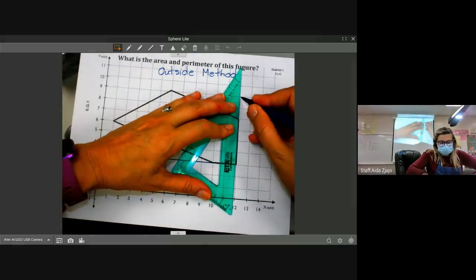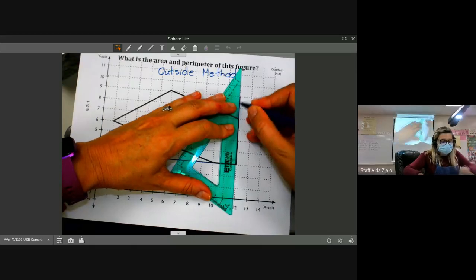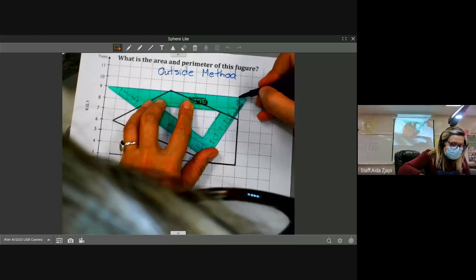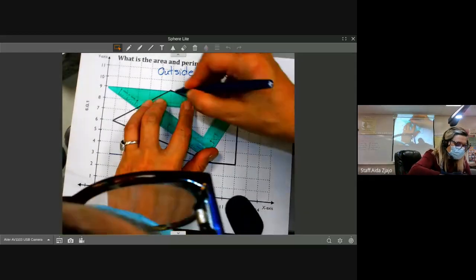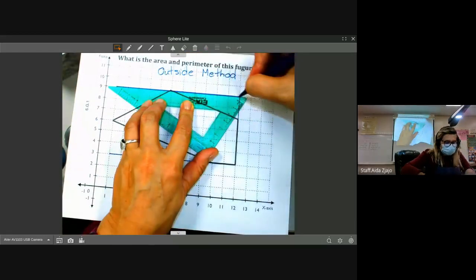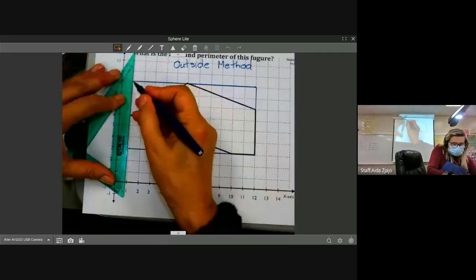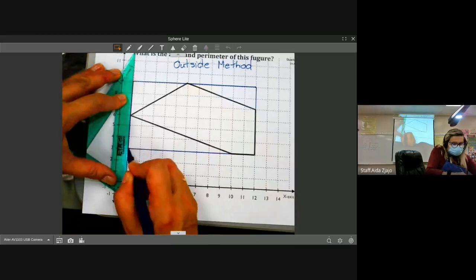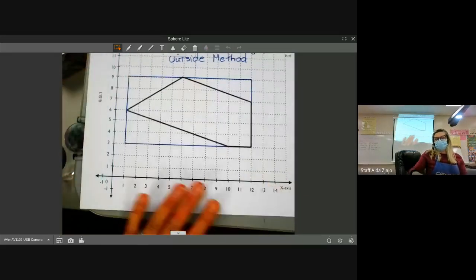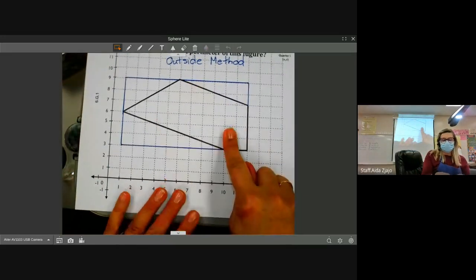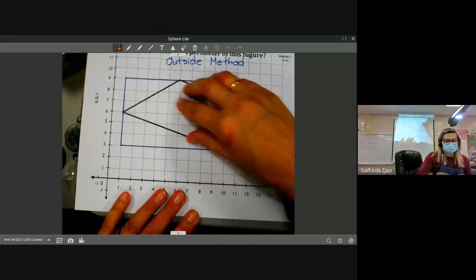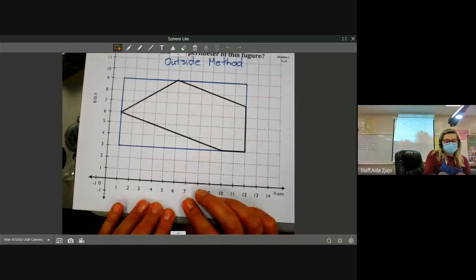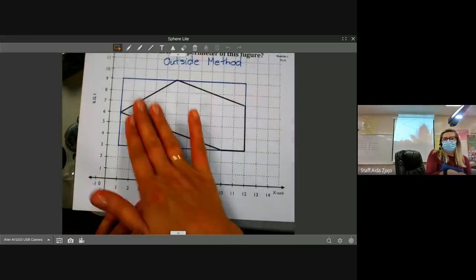So instead of the pentagon, I'm going to create a big, huge rectangle, and then I can calculate the area of that rectangle. So when you do that, if imagine that is just a regular rectangular shape, what would be my area of this whole rectangle?